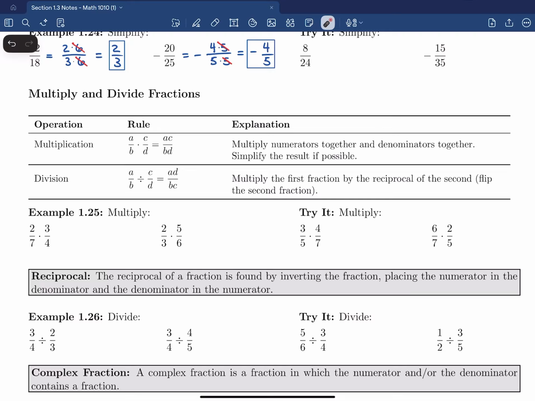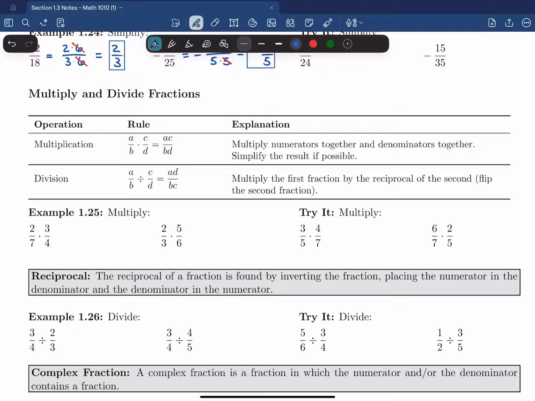So if I have two fractions like a over b times c over d, then I can multiply their numerators together to get a result in the new numerator, and multiply their denominators together to get a new denominator. And that's how simple fraction multiplication is. Whenever you have done that, you want to simplify the resulting fraction if possible.